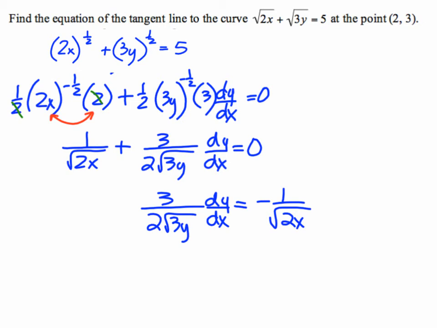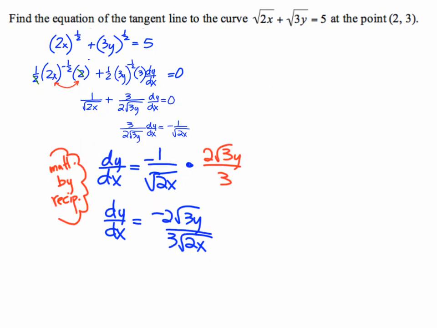So I have 3 over 2 square root 3y times dy dx, and I have to divide by that. If I'm dividing by a fraction, it's the same thing as multiplying by the reciprocal. So I multiply by the reciprocal, and then I simplify. I get negative 2 square root 3y over 3 square root 2x.